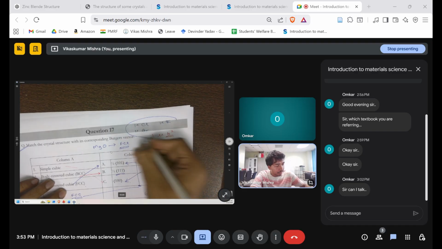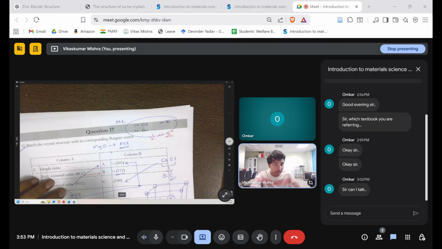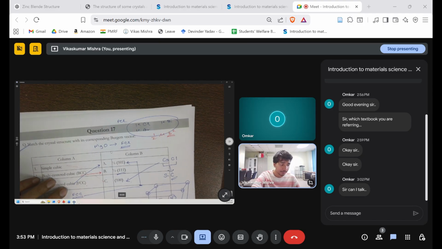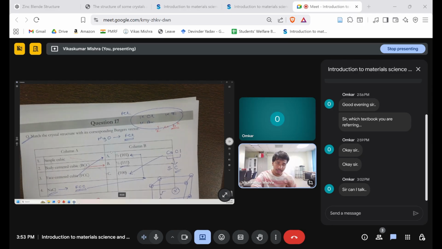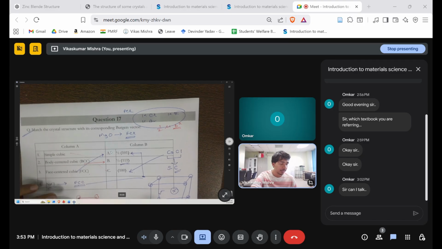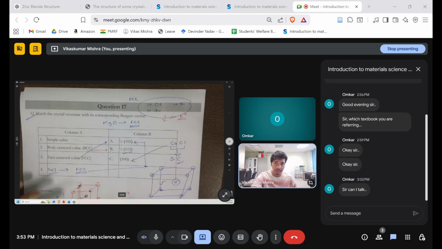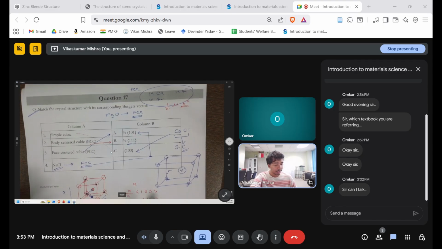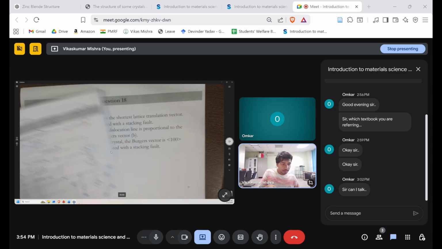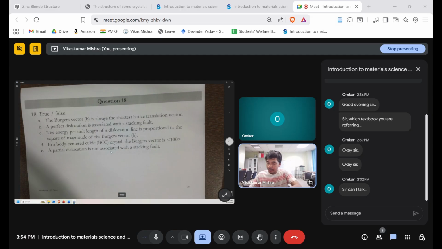All of them are FCC. They all have the rock salt structure, like NaCl. Okay, sir. There is a list of materials. There are a lot, but we have to understand only the basics and the frequently used structures. Okay, great. Let's move ahead.